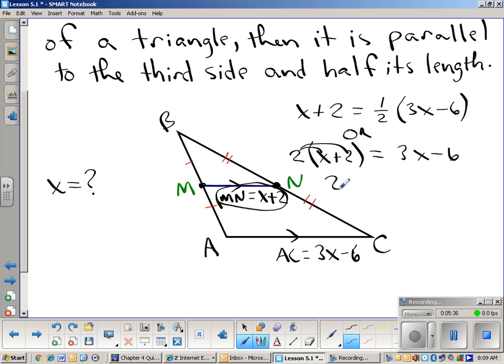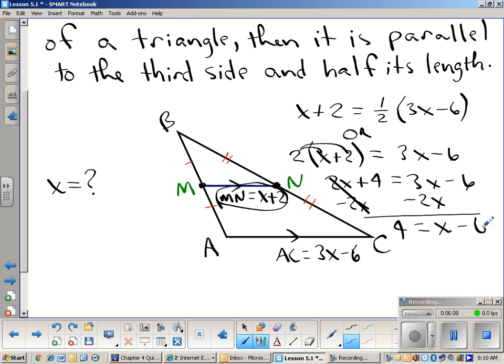If we distribute, 2x plus 4 equals 3x minus 6. So what would I do to solve that? Silas? Add 6 to both sides. I could. Let's do the x's first, okay? Oh, okay. Oh, yeah, minus 2x to both sides. Yeah, because we don't want to move the 6 over and then end up wishing we moved the 3 over, okay? And maybe you already planned that far ahead, I don't know. So these cancel, we get 4 equals 3x minus 2x is 1x, right, which is x.